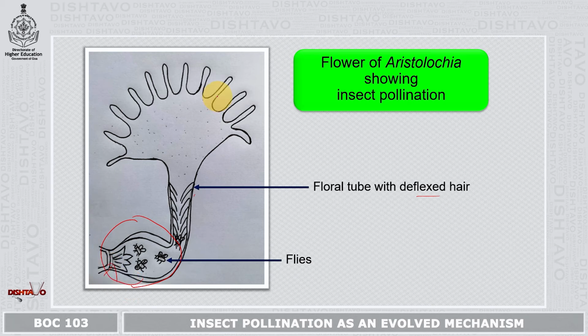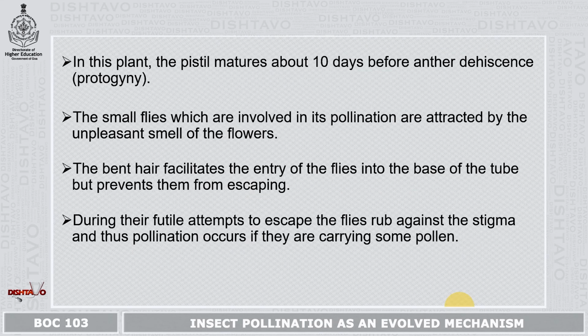Now the fly enters the flower through this way, and then it reaches the base. If it tries to come out, it will get trapped over here, or it will get stuck there and will not be able to escape from the flower. In Aristolochia, the pistil matures about 10 days before anther dehiscence takes place.